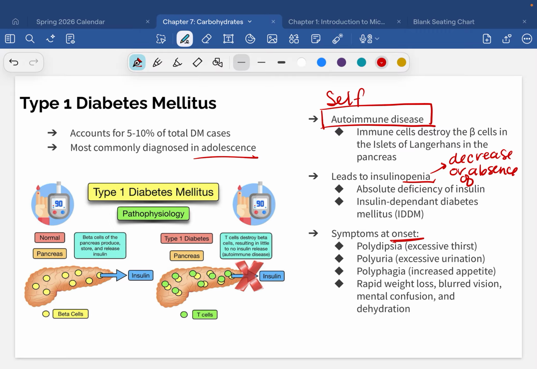Most of the time when type 1 diabetes is diagnosed, and this is a really scary thing, but remember that these things can be treated now, most kids who are diagnosed with type 1 diabetes, the first symptom that their parents really notice is that they go to bed for a nap and they don't wake up because they're in a coma. Their blood sugars are through the roof and they're in a coma.